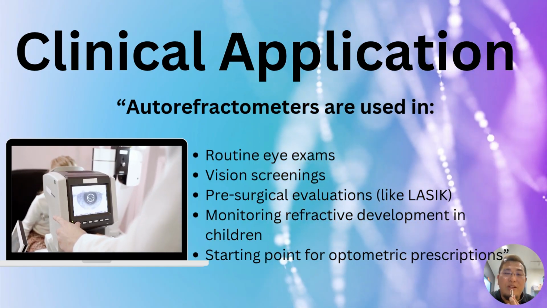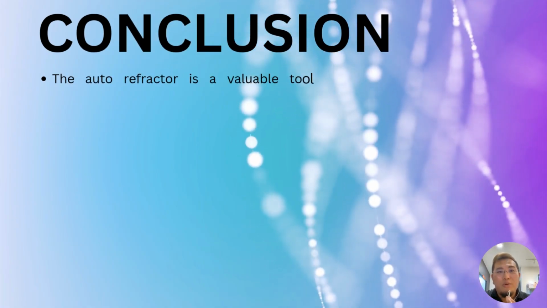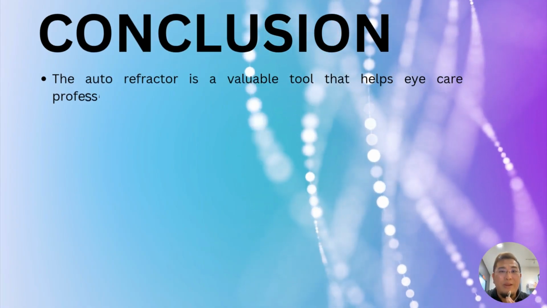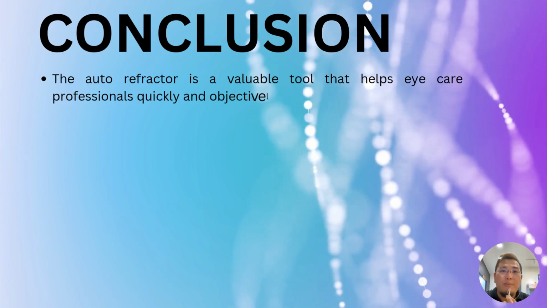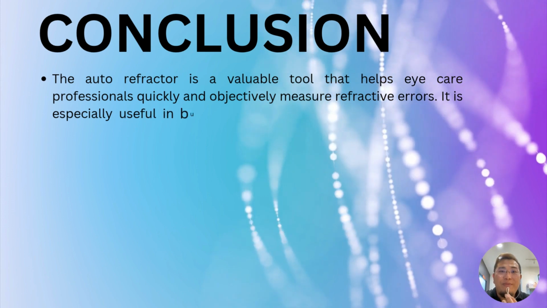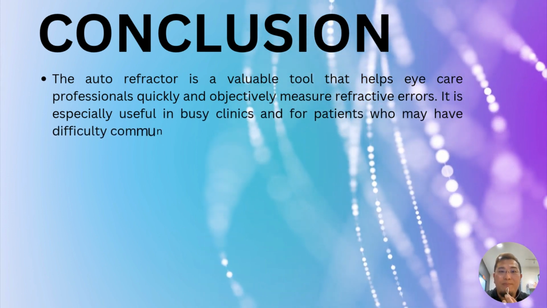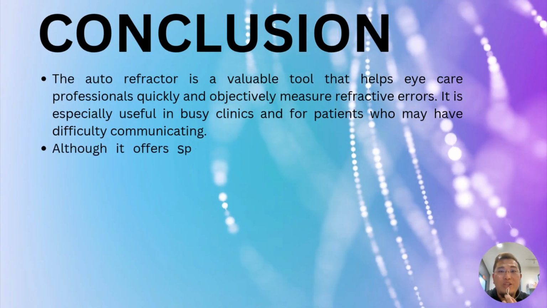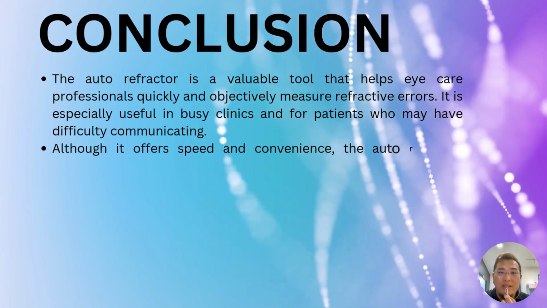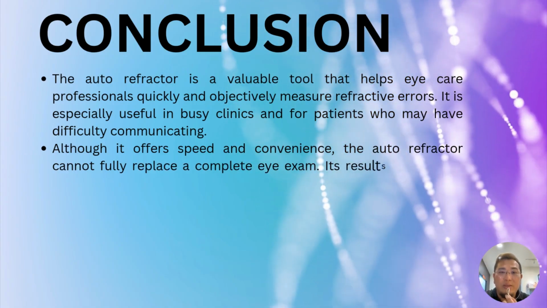Lastly, the result from an autorefractometer serves as a starting point for optometric prescriptions, which are later refined through subjective refraction. In conclusion, the autorefractor is a valuable and reliable instrument that supports eye care professionals in quickly and objectively measuring refractive error. It plays an especially important role in a busy clinical setting and with patients who may have difficulty communicating, such as young children or elderly individuals.